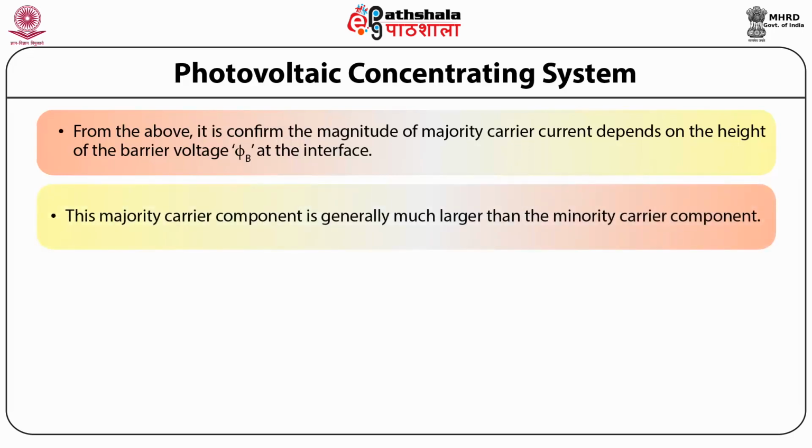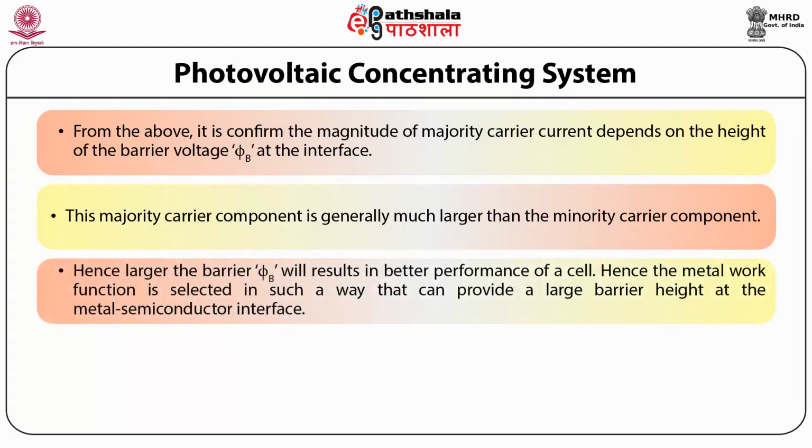This majority carrier component is generally much larger than the minority carrier component. Hence, a larger barrier phi b will result in a better performance of a cell.